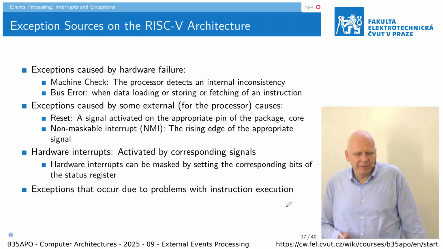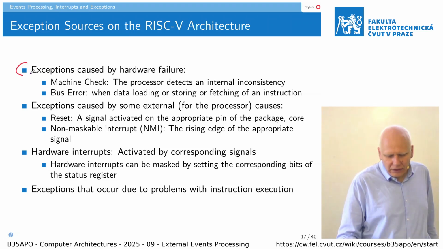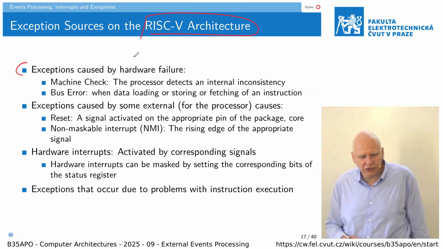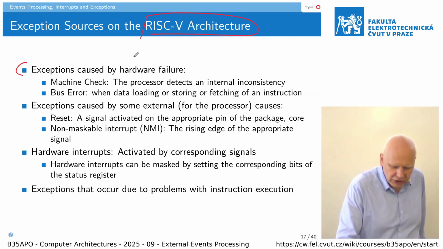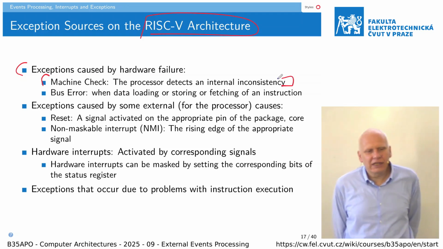There are some exceptions which can be caused by hardware failure. This list is specific to the RISC-V architecture. So there is a machine check when the processor detects some internal inconsistency.